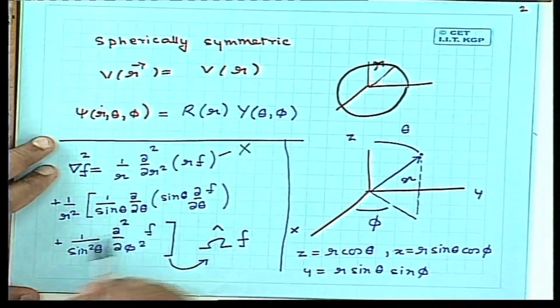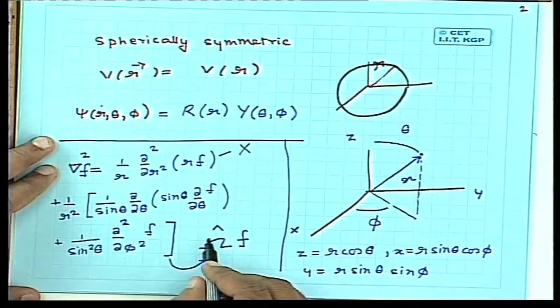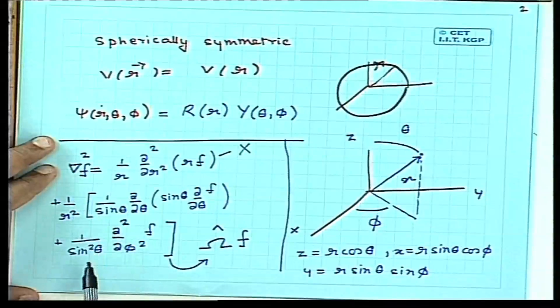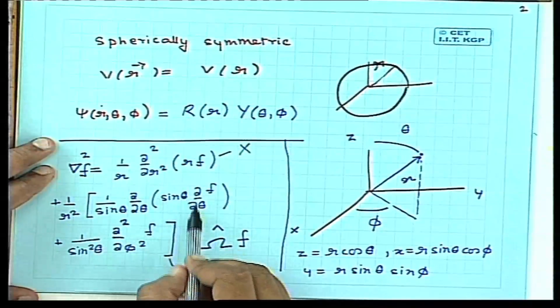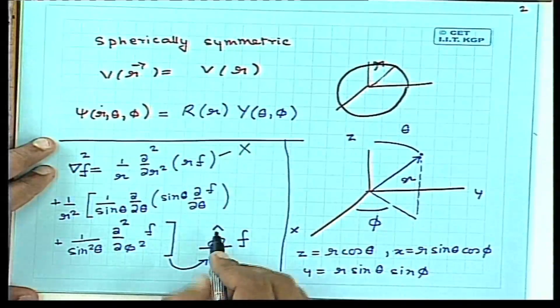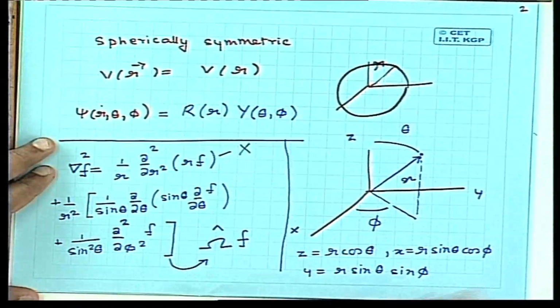The angular part we had written as some operator omega into f, where 1 by sine theta del by del theta sine theta del by del theta plus 1 by sine square theta del square by del phi square was denoted by the operator omega.